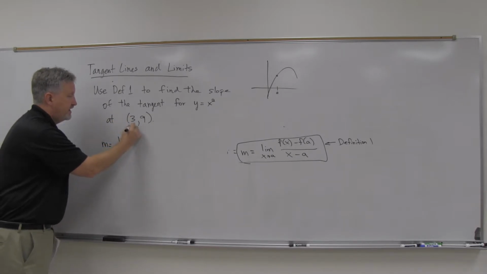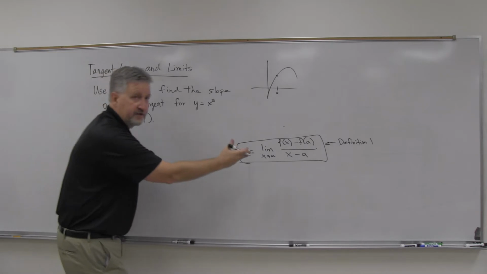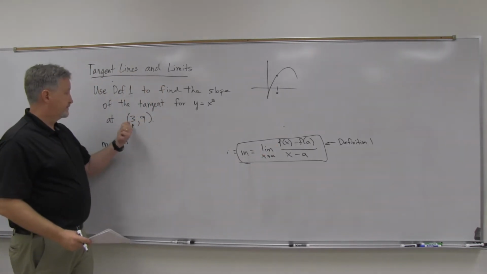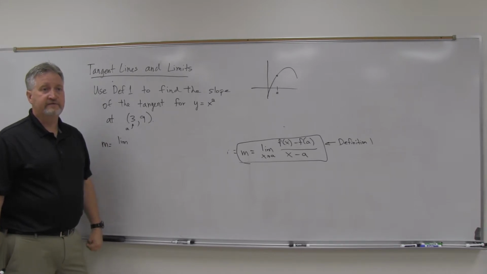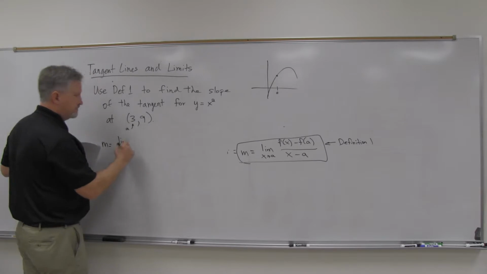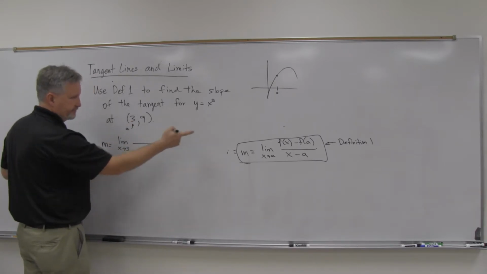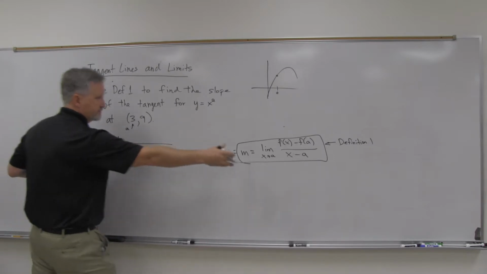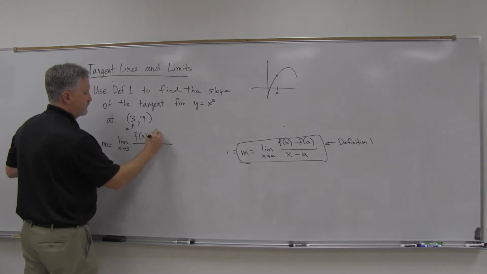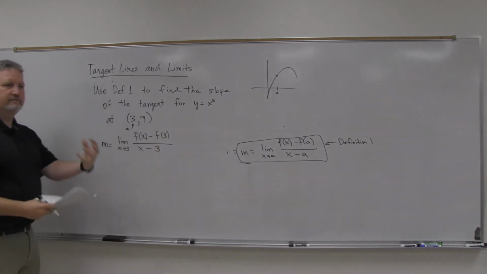So this is A in the formula. It's an x value, but as far as the formula goes, the way we're doing it here, A is the x value of the point. So it's the limit as x approaches 3, because that's A. And let's just write this formula with just changing the A over. So f of x minus f of 3 divided by x minus 3, just to kind of get going here.